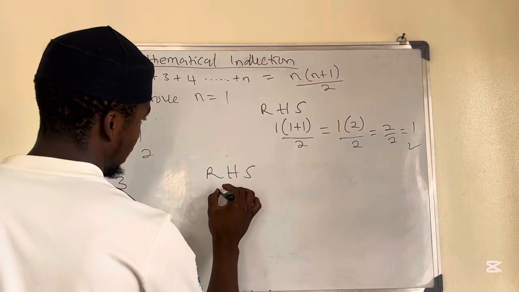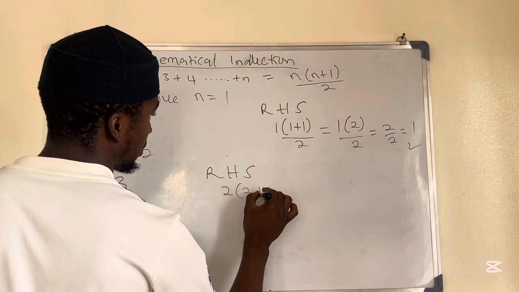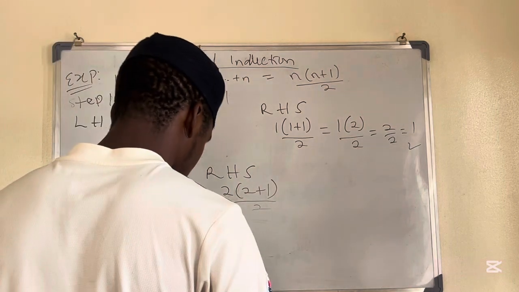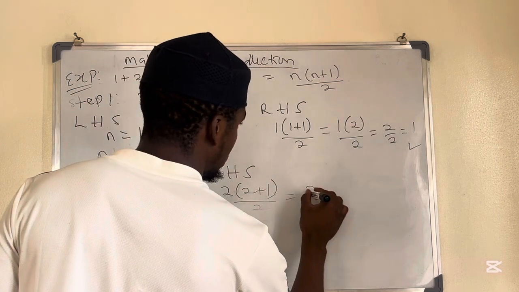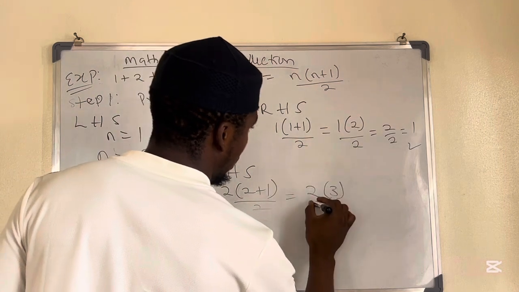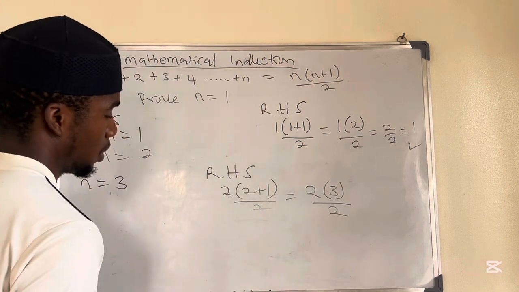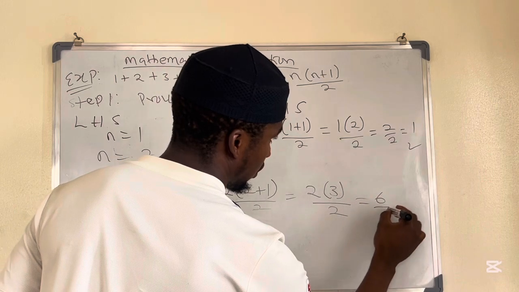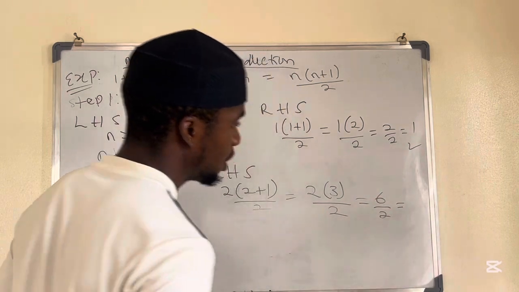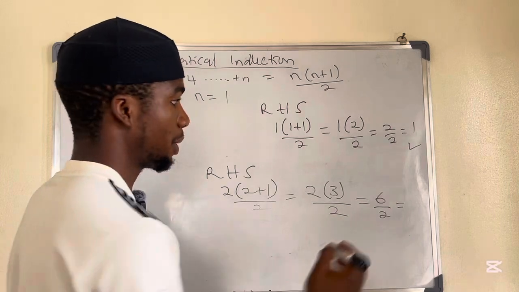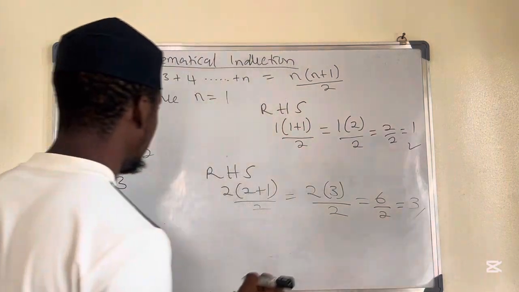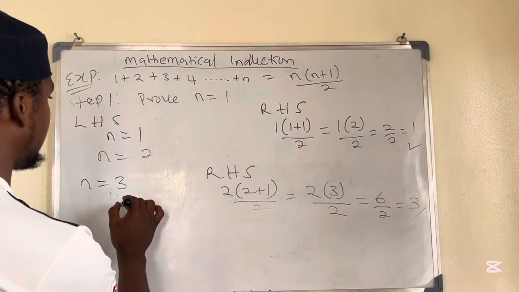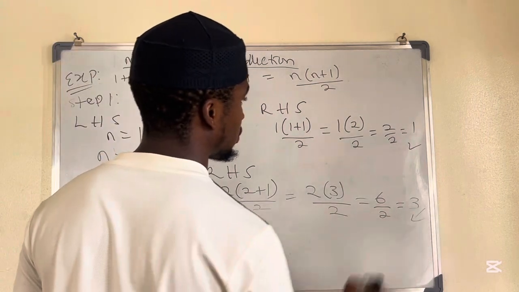So we have 2 into 2 plus 1 all over 2, which is equal to 2 into 3 all over 2. Multiplying 2 by 3 gives 6 all over 2, which is 6 divided by 2, which is 3. So it's correct for n equals 2, because the left hand side is 3 and the right hand side is also 3.